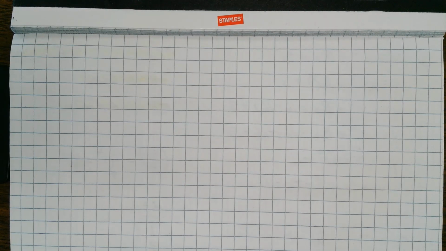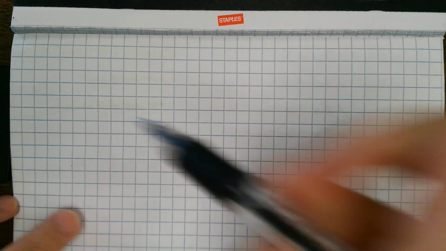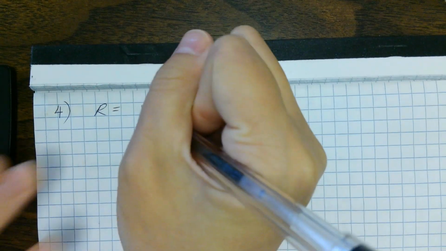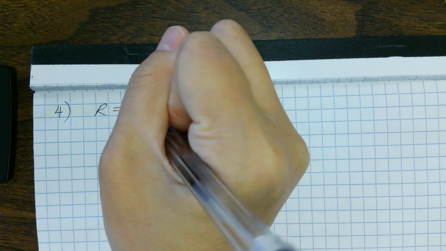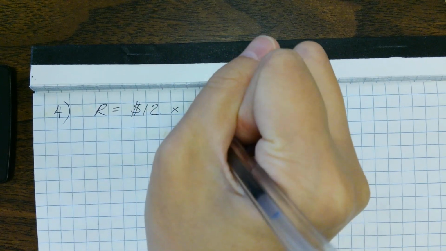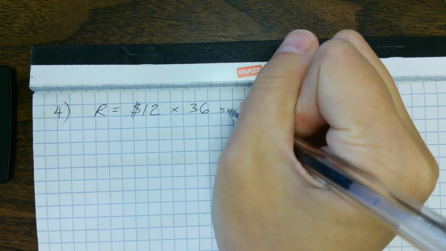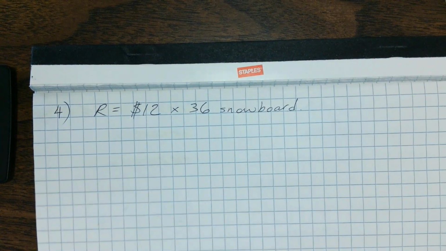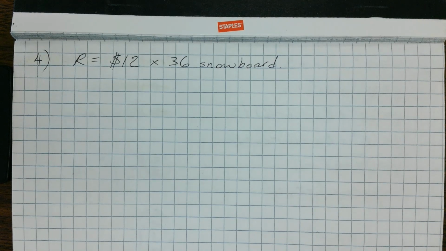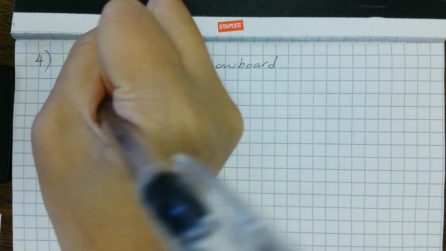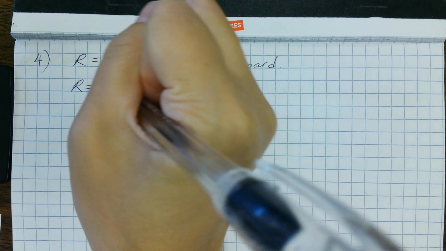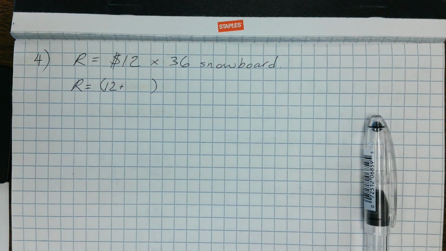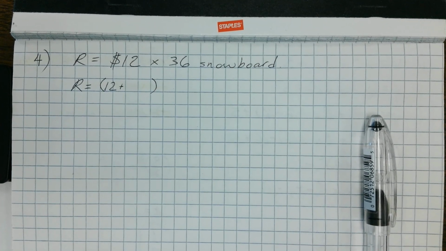So, we were saying for this one, revenue, if it was just $12 each times 36 snowboards, we would have just written something like this, right? To find the revenue. But now our situation is a little different because we want to do minus 50 cents deductions.